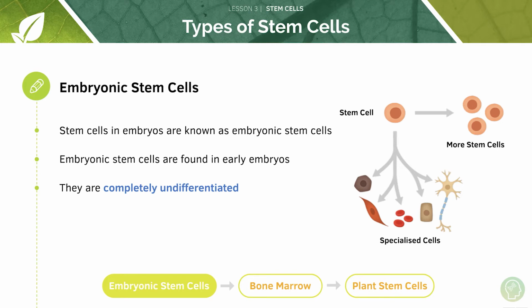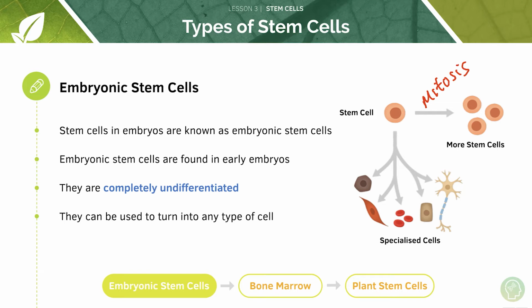So if we take a look at this stem cell over here, it can undergo mitosis to produce many more stem cells, so basically increase its population, because remember last time we were looking at how mitosis forms two daughter cells from one parent cell.